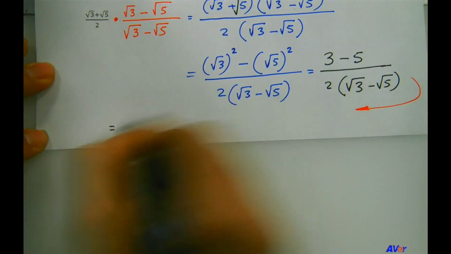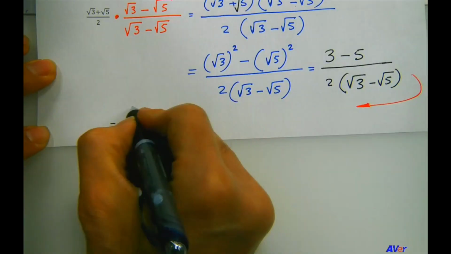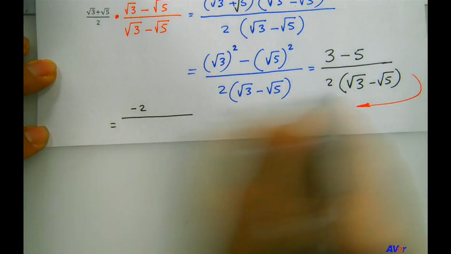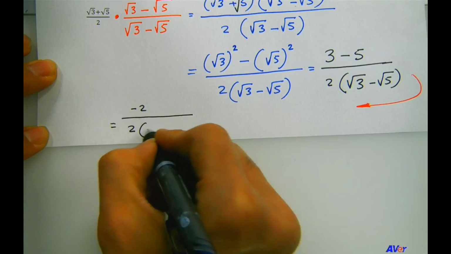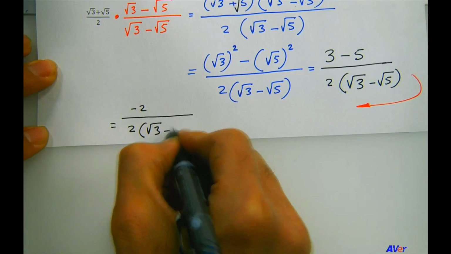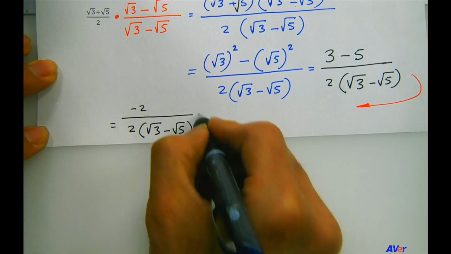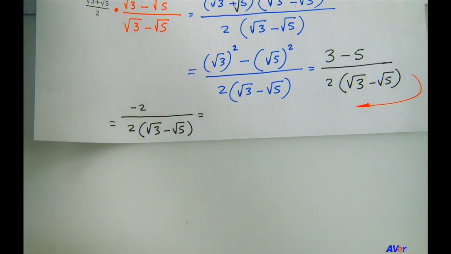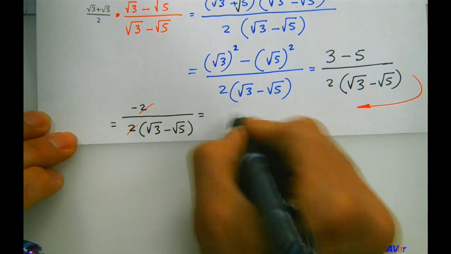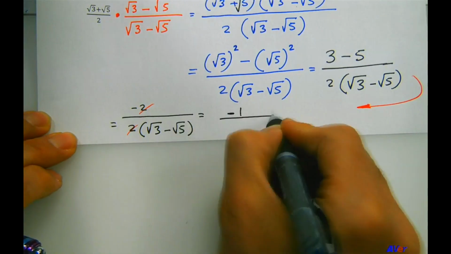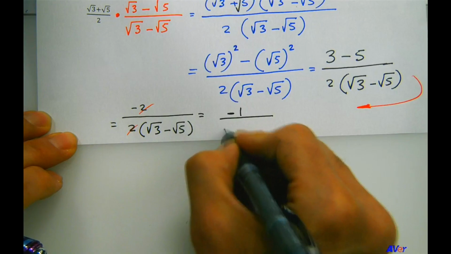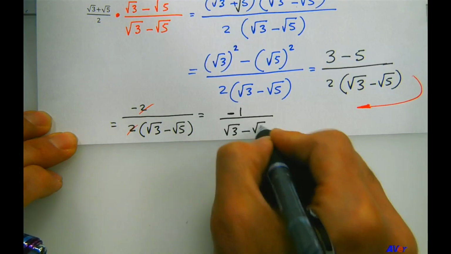So we have minus 2, 3 minus 5 is minus 2, divided by 2 times (square root of 3 minus square root of 5). Cancel these, and we end up with minus 1 divided by square root of 3 minus square root of 5.